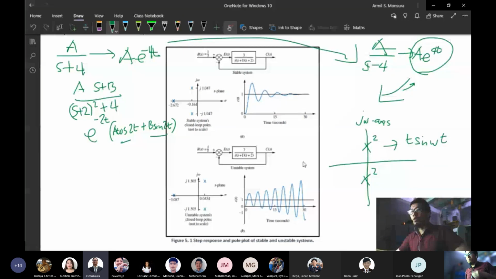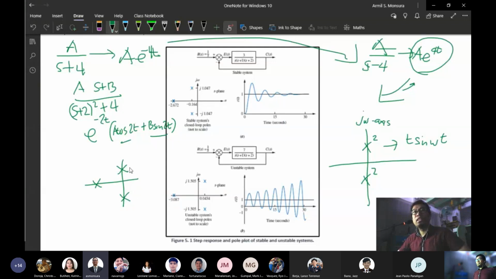Okay, so yung system na, halimbawa, meron kang pole dito, tapos meron kang pole sa left half plane. Okay, this is considered to be marginally stable. Okay? So as long as meron kang pole dun sa ating J omega axis. Okay?